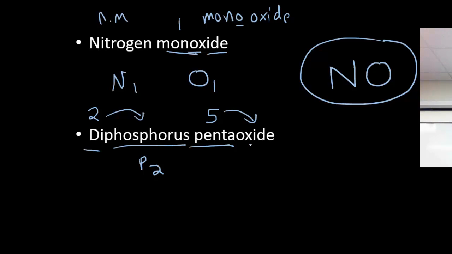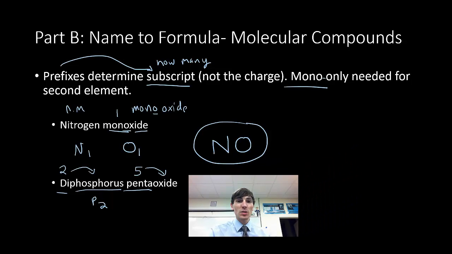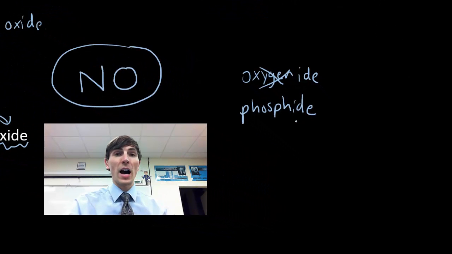With oxygen and nitrogen and phosphorus, you're going to see those kind of weird when they get changed over. Oxygen is not going to say oxygenide. For some reason, we cross out a lot of those extra letters, and we just say oxide. You're going to see phosphide. You're not going to see phosphoride.